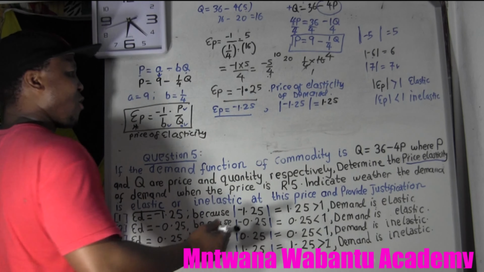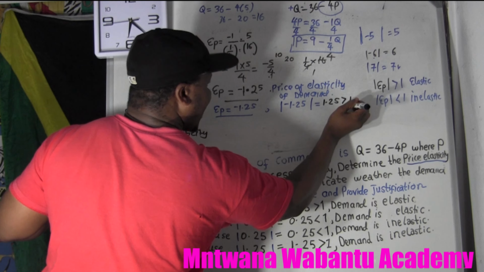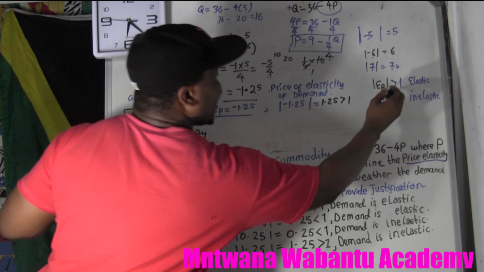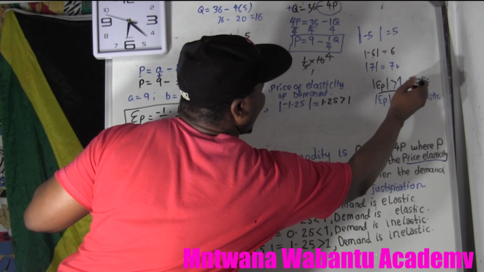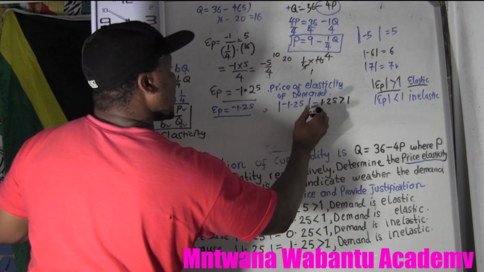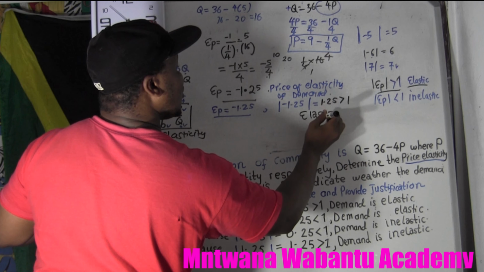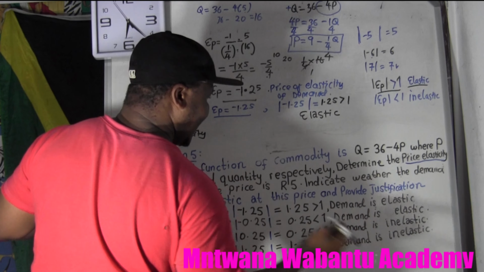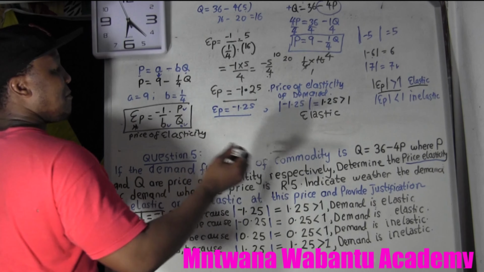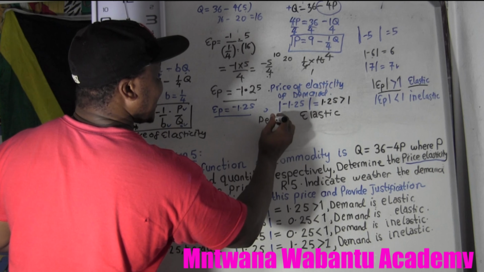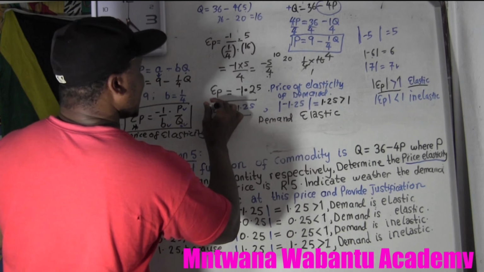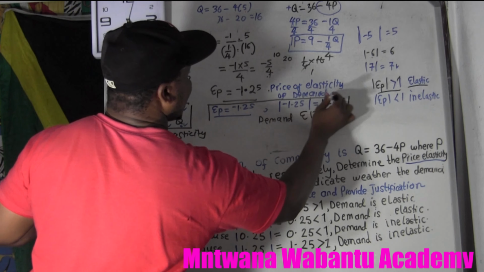We know it's greater than 1. So if it's greater than 1, then it's going to be elastic. So we conclude that this is elastic. So the demand is elastic. This is going to be our answer here.